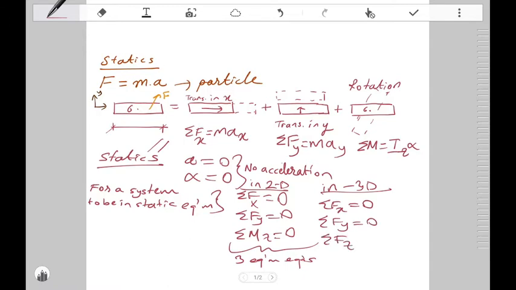So these are all the equations related to the translational motions, and we have equations related to the rotating motions. In 3 dimensions we have 6 equilibrium equations.